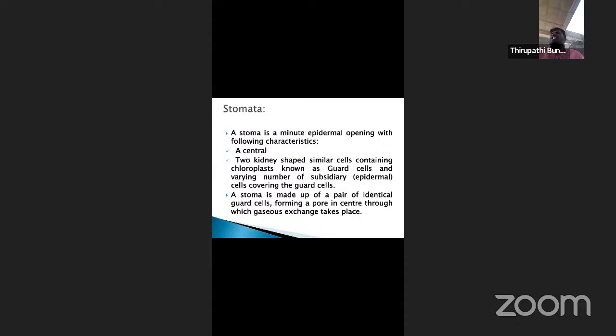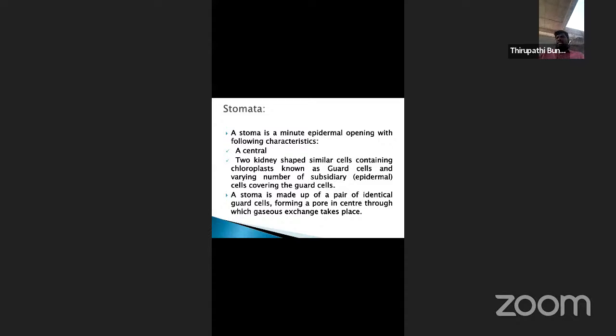In monocotyledons, the guard cell shows a double dumbbell shape. So this is the main difference between monocot and dicot guard cell structure.